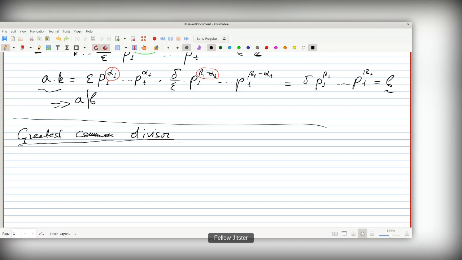In high school teaching, they usually say that the greatest common divisor of two integers is the common divisor which is the greatest in terms of our natural ordering of numbers, where say 3 is greater than 2.